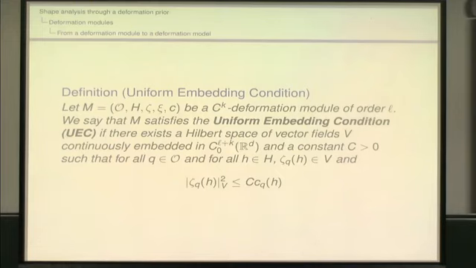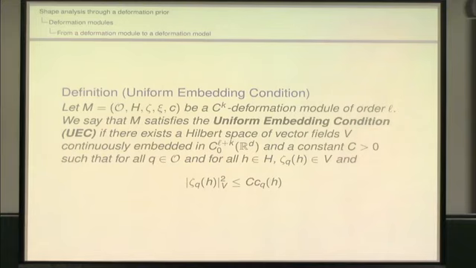This inequality means that if you can control the cost, then you can control the norm of the generated vector field in a fixed space of vector fields. So that will enable us to consider trajectories and integration.